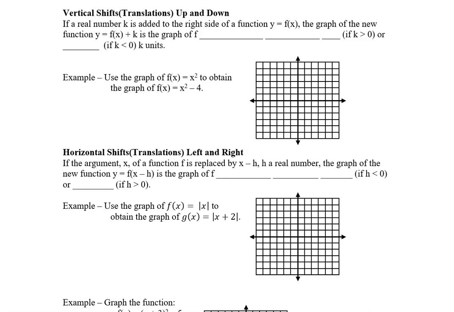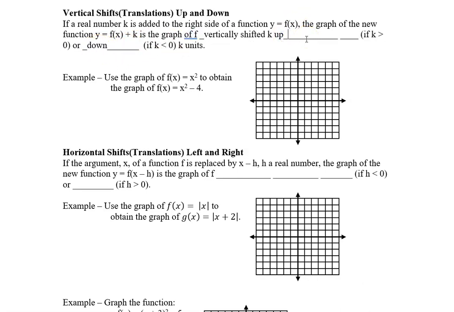So for vertical shifts or translations up and down, if a real number k is added to the right side of a function y equals f of x, the graph of the new function y equals f of x plus k is the graph of f vertically shifted up if k is greater than 0, or down if k is less than 0, and it's going to be k units.